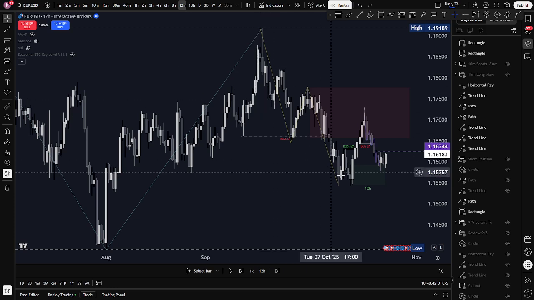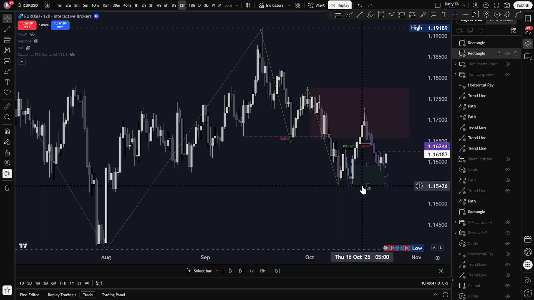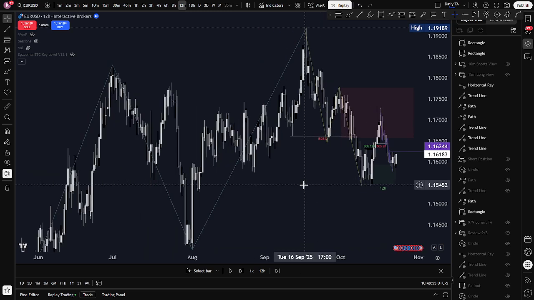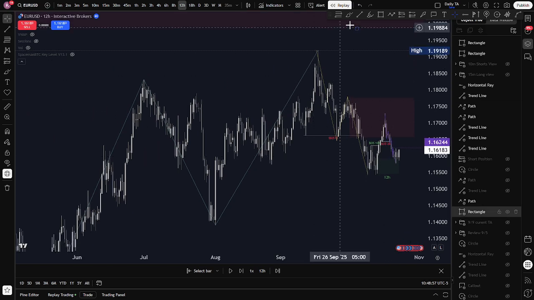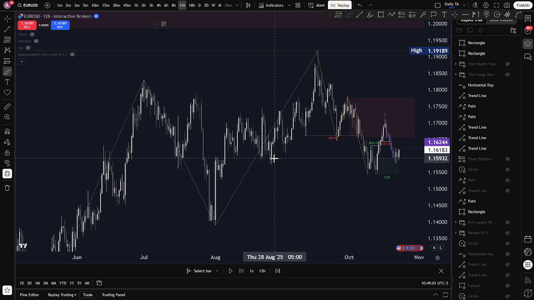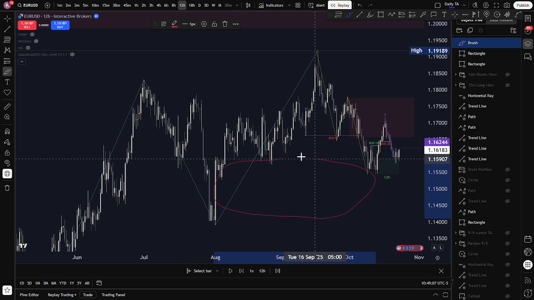The second way is looking at this 12-hour boss, which has equal lows right there. And you could say that that 12-hour boss just mitigated something deeper in the discount zone of this whole giant range.